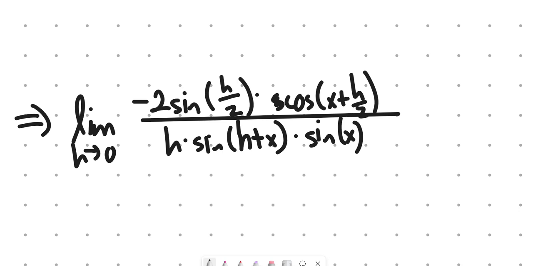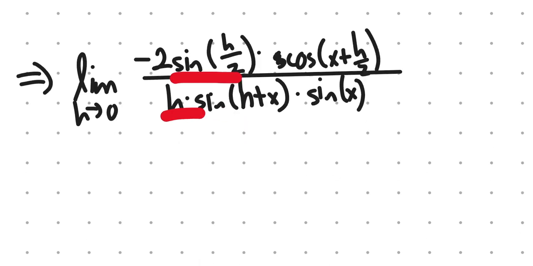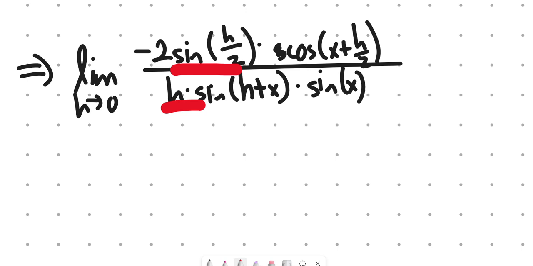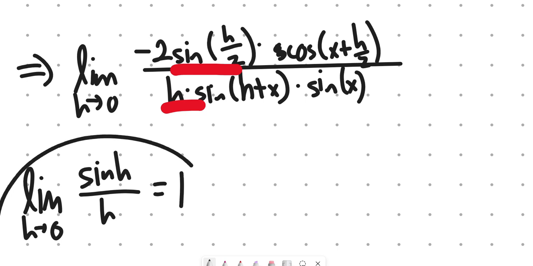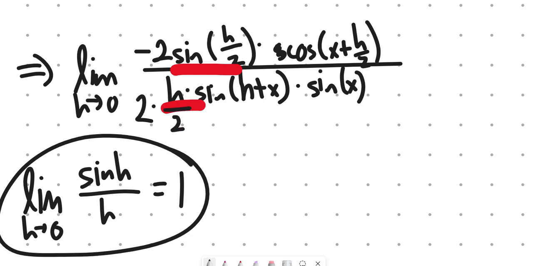Now we can take a look at sine of h over 2 over h. We know one limit: the limit of any variable going to 0 of sine of the variable over the variable itself is equal to 1. Over here we have h over 2, so we have to multiply this by 2. This 2 and this 2 will cancel.